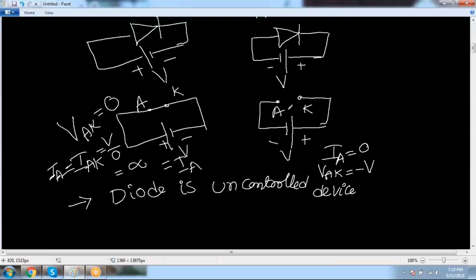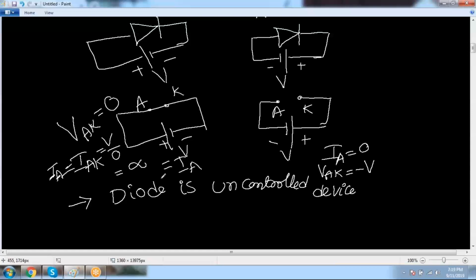The on and off of the diode does not depend upon the internal parameters of the diode; it depends upon external parameters. Whenever the anode is made positive, the diode is on. Whenever the anode is negative, the diode is off. That is why this device is called an uncontrolled device.